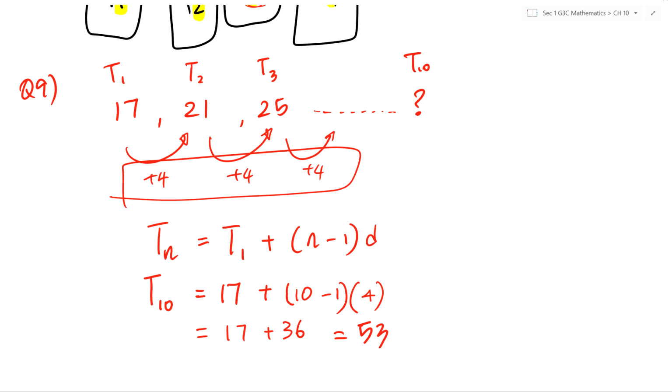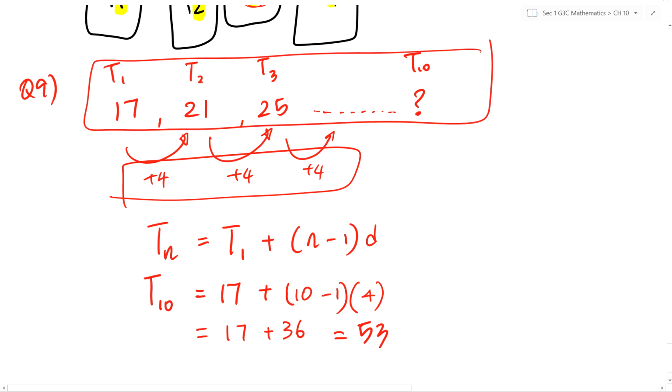Okay, so this is the formula. Why does this work? We can go back to our original number pattern over here. When I talk about the first term, it is 17, right?